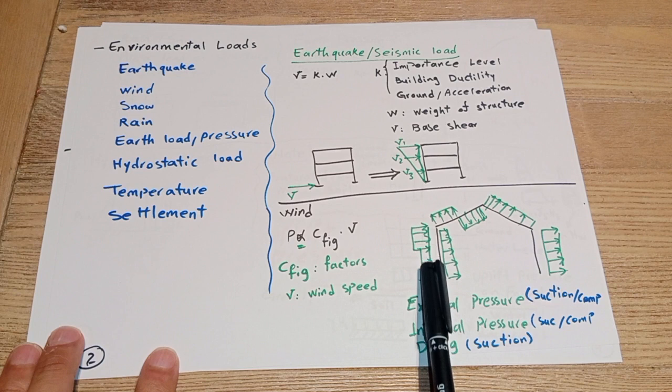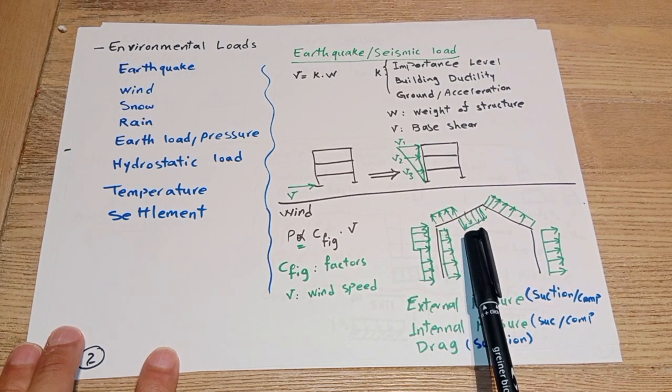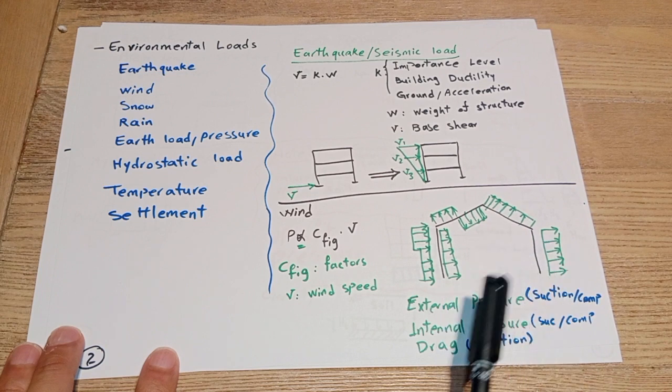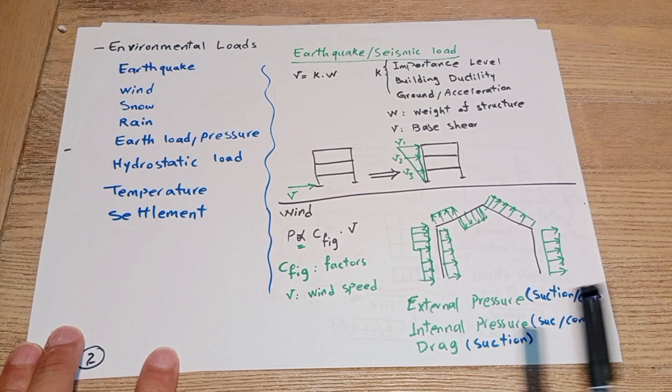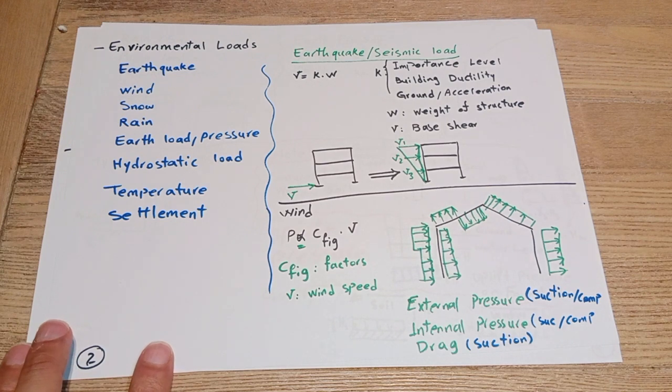And you see that we have compression and suction, and also we have drag force for wind. So in the general case, it is external pressure, suction and compression, internal pressure, suction and compression, and drag force that is applied in the second direction, perpendicular to the main direction of the wind.